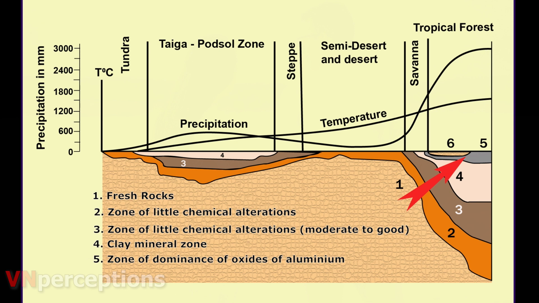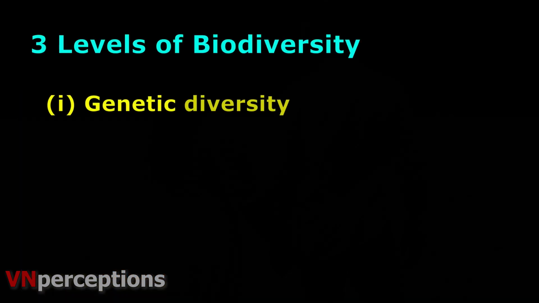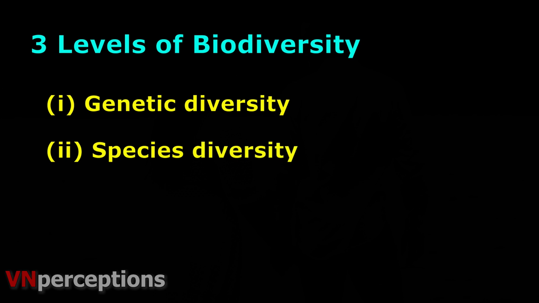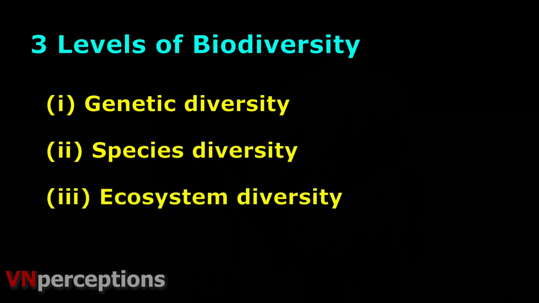And the sixth is a soil with oxides of iron and aluminium. So all this tells us that biodiversity is richer near the equatorial region, but as we move towards the pole, it reduces. Now there are three levels of biodiversity: genetic diversity, species diversity, and ecosystem diversity.